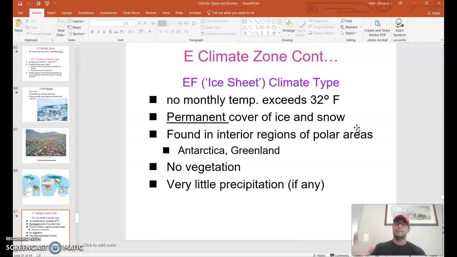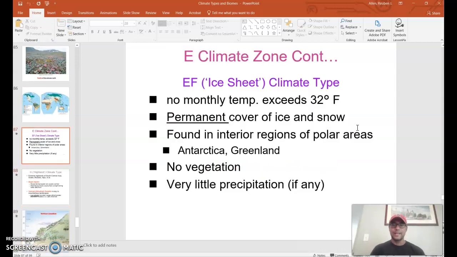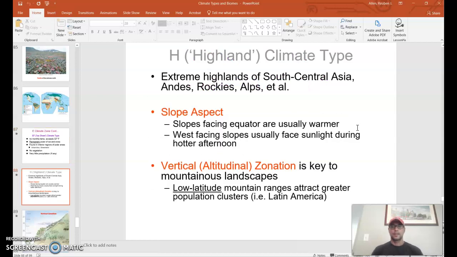So technically, that's why I described Antarctica as a desert before, but it kind of depends on your definition of what a desert is. Within the ice cap environment, there is no vegetation because no monthly temperature exceeds the freezing point on average.